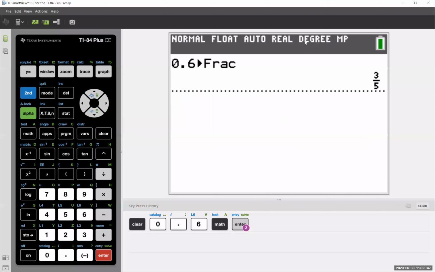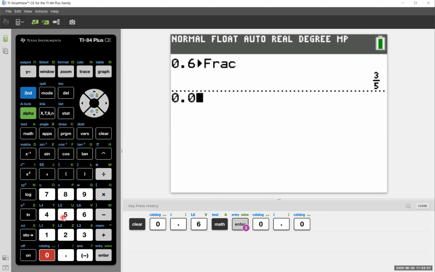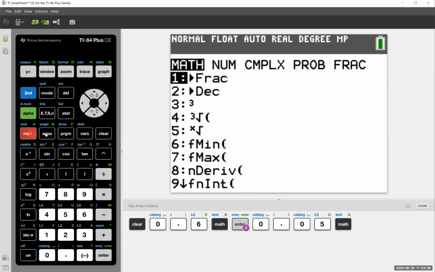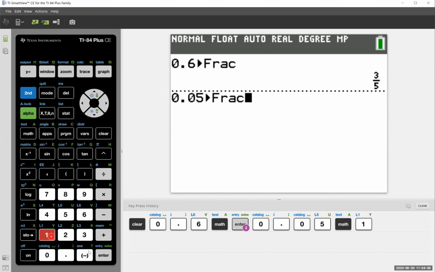If I want to convert 0.05 into a fraction, again, I'm going to enter 0.05 into the calculator. Going over to math on the left-hand side, I'm going to do math, option 1, math frac, enter.